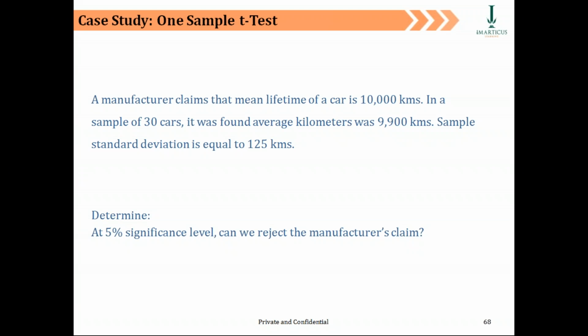What are you understanding here? The null hypothesis is saying that the lifetime of a car is 10,000 kilometers, and the alternative hypothesis is that it is less than 10,000 kilometers. The manufacturer claims that the mean life of the car is 10,000 kilometers. So here x and x bar are given, and all other information is given.